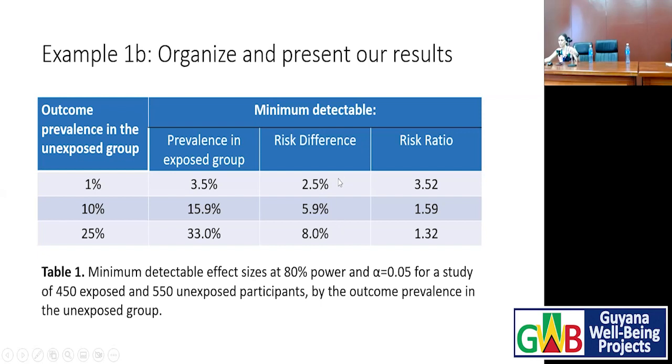The smaller risk difference can be detected for a lower prevalence outcome. But when you look at a ratio measure instead of a difference measure, it's reversed. For the low prevalence outcome, you can only detect a relatively high risk ratio, and the smaller risk ratio can be detected for a higher prevalence outcome.